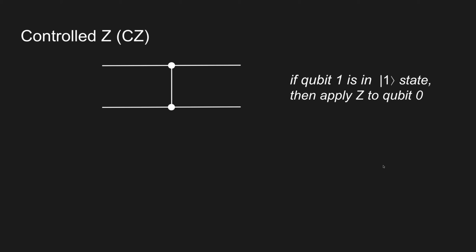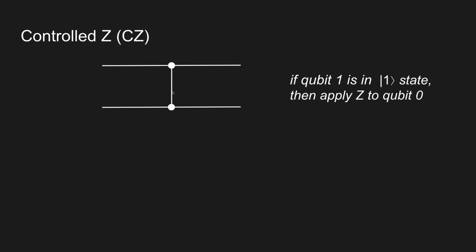Now we're going to discuss the controlled Z gate, and that is very similar, except that it is actually symmetric. So for example, if qubit 1 is in the 1 state, then we apply the Z operation to qubit 0. And we remember the Z operation also has a condition in it, so it will do a phase shift, but only if that qubit is in state 1.